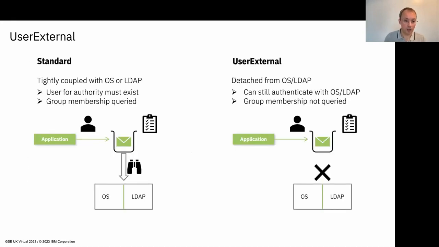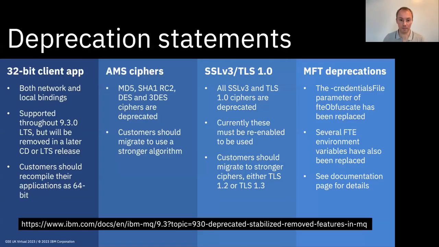With our standard model, you have users that must exist locally, either in your operating system or potentially in the LDAP server, and then we query that group membership, and you define the authorities against the group. If you define user external as the mode, then we don't attempt to query group membership, and you just define the authorities against the individual users, and that provides some additional flexibility in those environments.